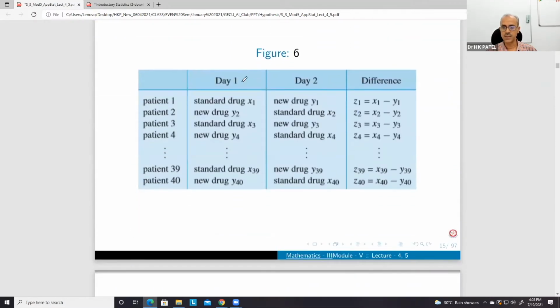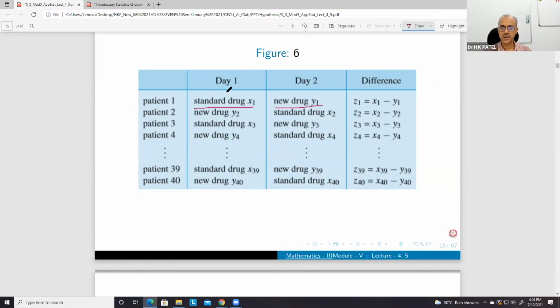For example, in this figure 6, there are 40 patients, and we have two drugs: a standard drug and a new drug. On the first day, if a patient is given the standard drug, the next day he or she is given the new drug.